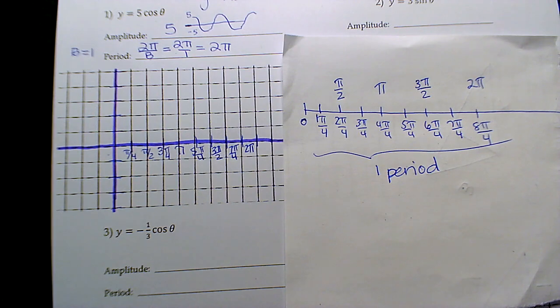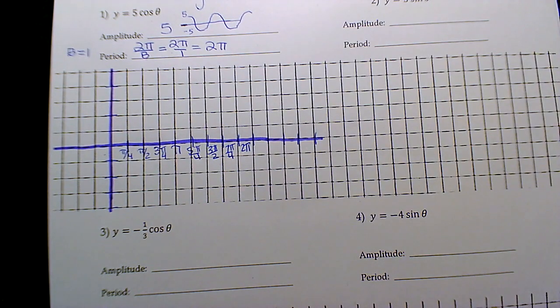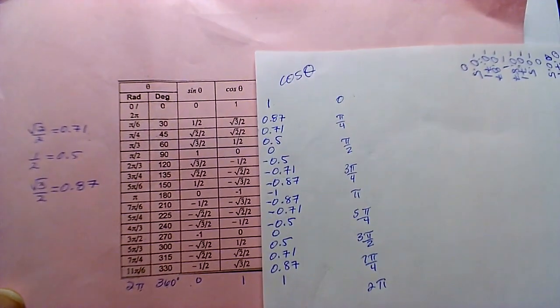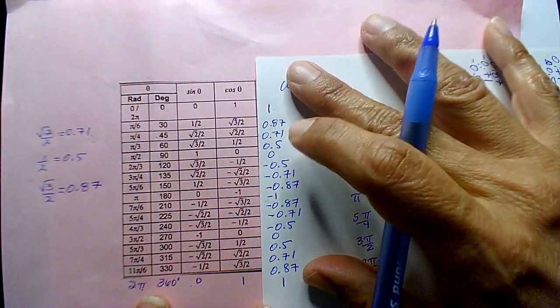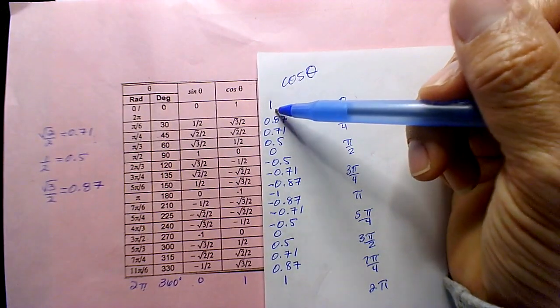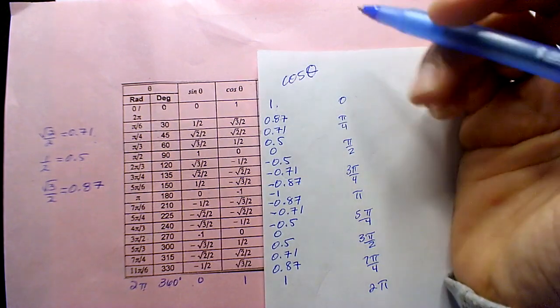Okay, so now let's try and find my values. All right, we have the cosine function. But here's the thing. Because the amplitude is 5, it's not 1, it's 5. So it's not 0.87.